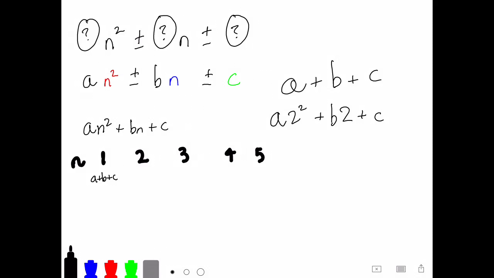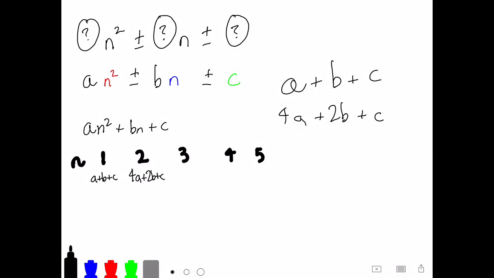And so what we do is we take 2 squared and we change it to 4, b2 we change to 2b, and leave c where it is, and therefore instead of a4, it would be 4a. So now we know this is 4a plus 2b plus c.